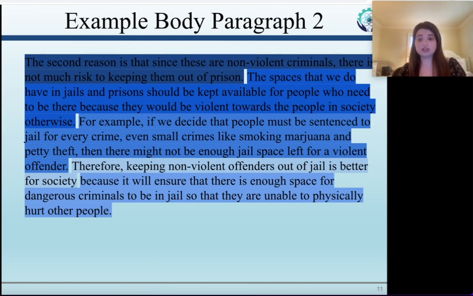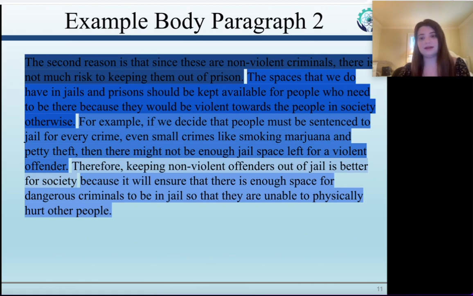Now we could build more jails. That's a possibility too. However, we're not just going to build a jail instantly. It's going to take the construction workers a long time to build a new jail, right? If that's even the best solution that we want to actually implement, which is another whole discussion, right? But there we go. We might not have enough jail spaces left if people are going to jail even for small crimes that don't really harm society that much, right?